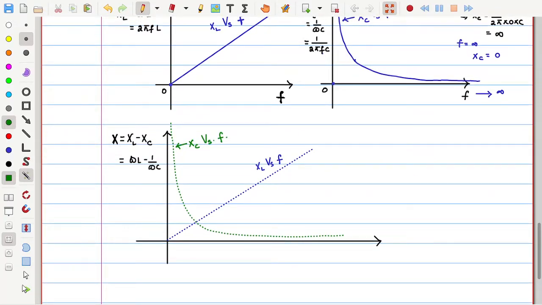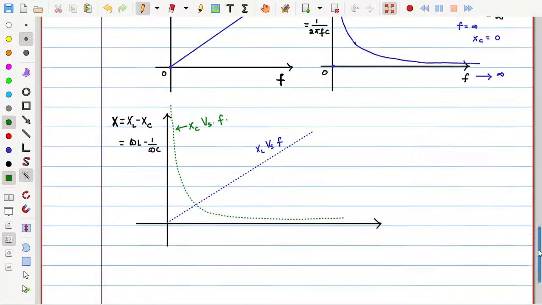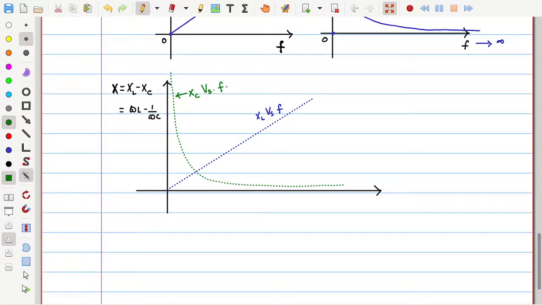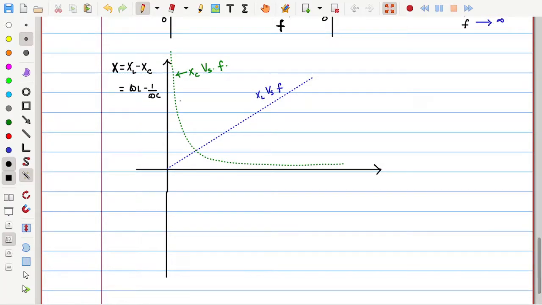XL minus Xc. So we have to take minus Xc. How do we get the minus Xc graph? Let me expand this downward. Whatever you got for the green color, you take the mirror image, that is minus Xc.